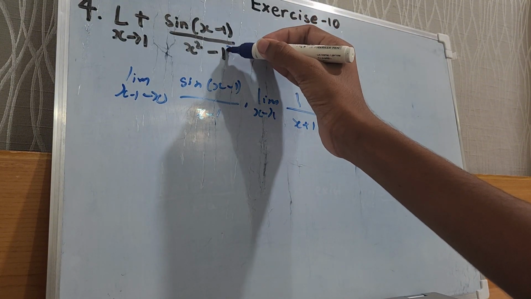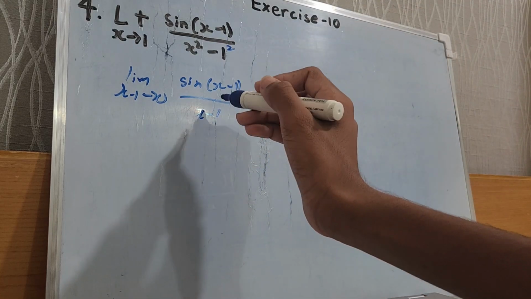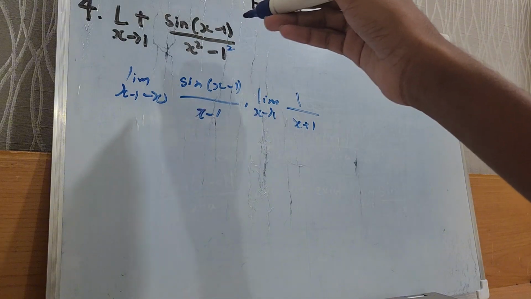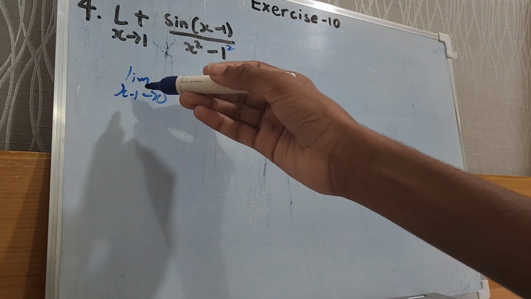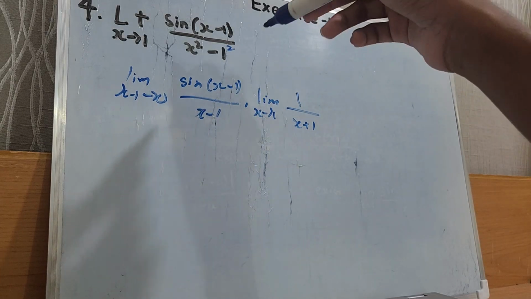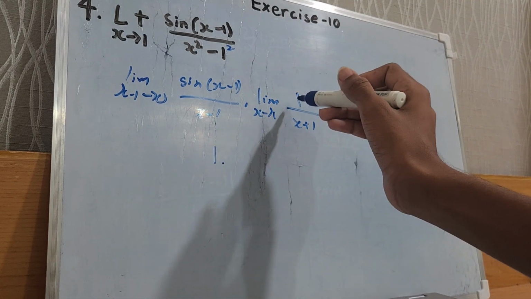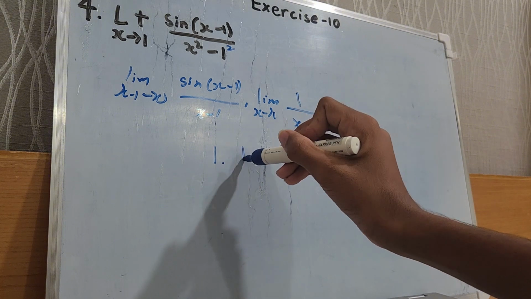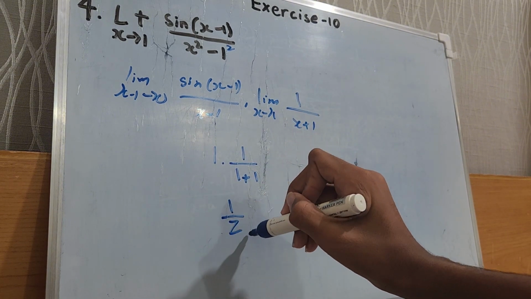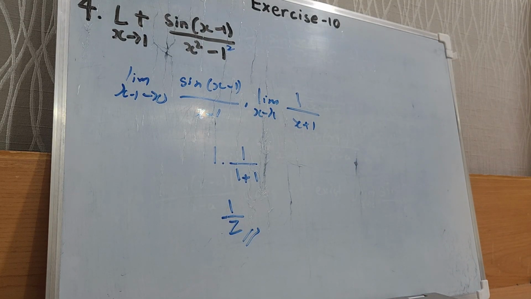As per the formula, sine x by x is 1, where x here is x minus 1. So we get 1 into 1 by 1 plus 1, which is 1 by 2. That's the answer. Now we'll go on to the final 2 questions.